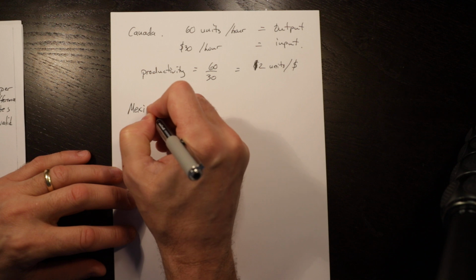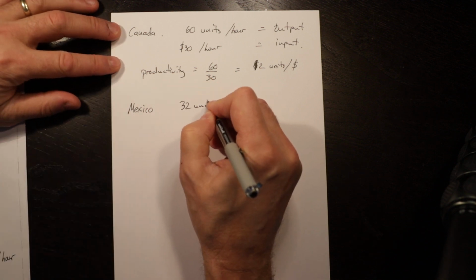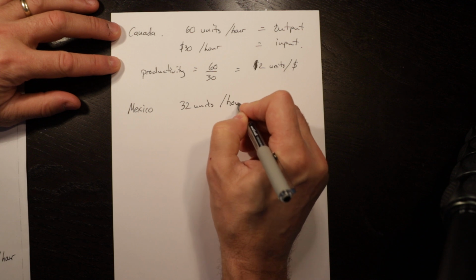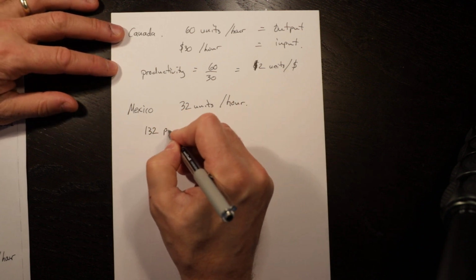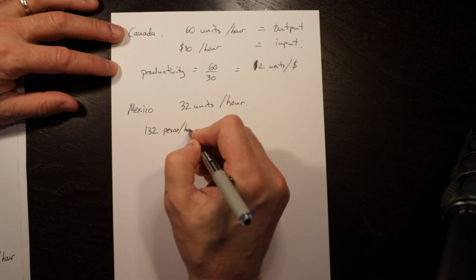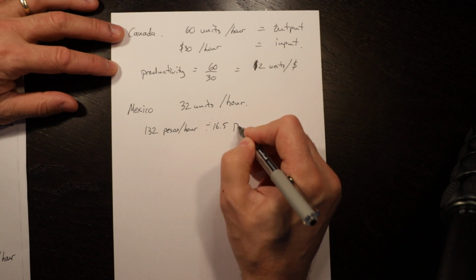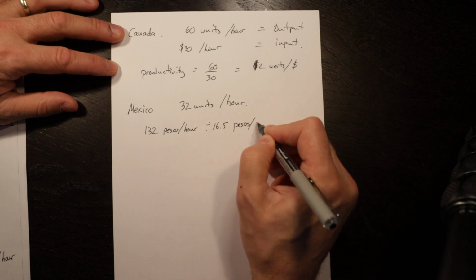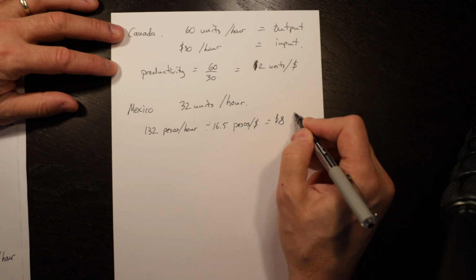Mexico: 32 units per hour, and 132 pesos per hour divided by 16.5 pesos per dollar is equal to $8 per hour.